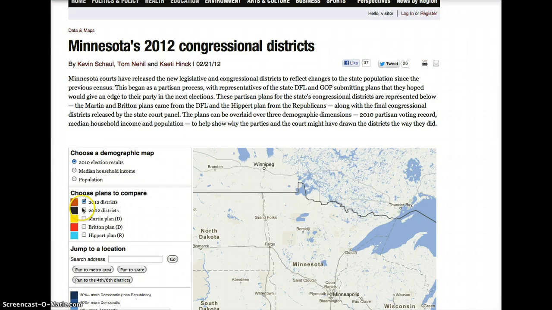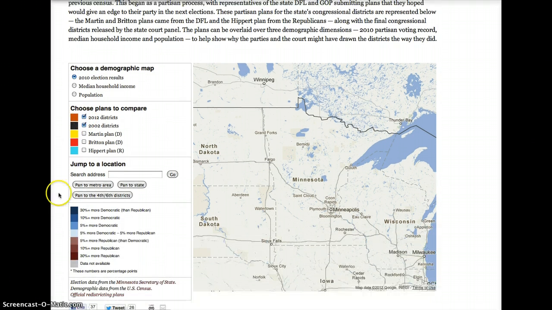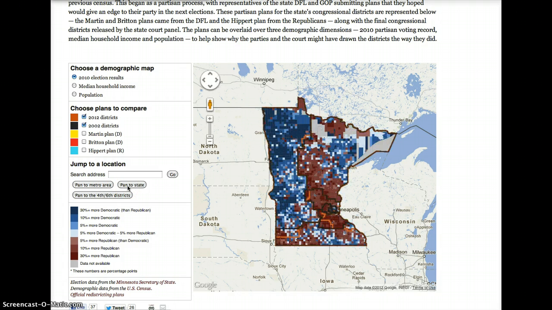So, for example, in the 2000 districts, we can compare plans. These are the 2002 lines, and these are going to be the 2012 districts. The lines will change every 10 years.